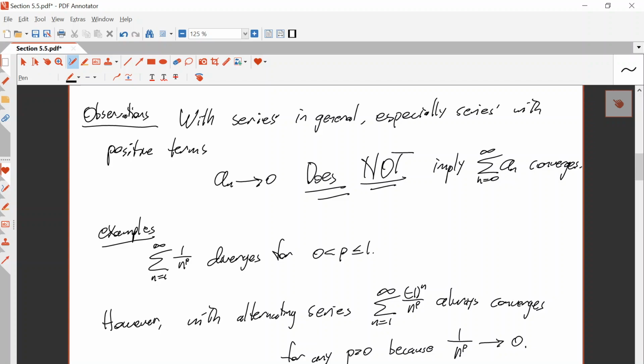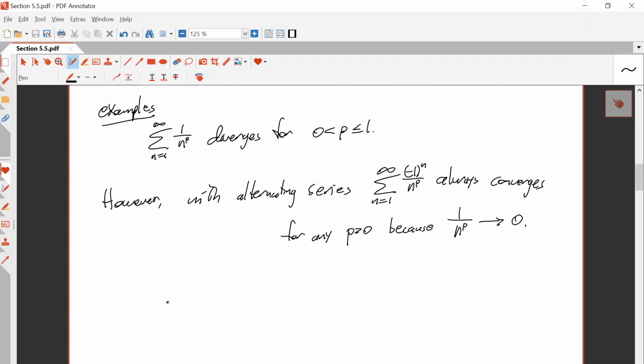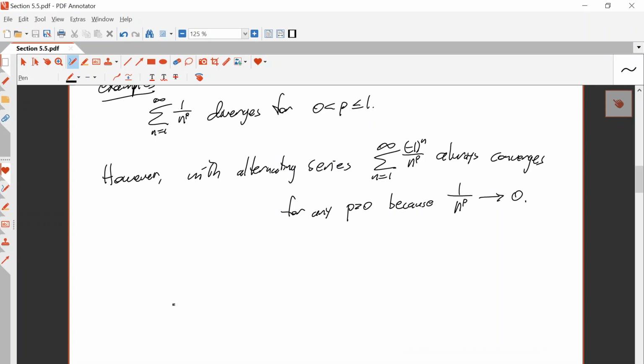So all those p-series, when you alternate them, they must converge. And they converge to pretty cool things, actually. A lot of unexpected things pop out of that. All right, let's take a look at the proof for the alternating series test.